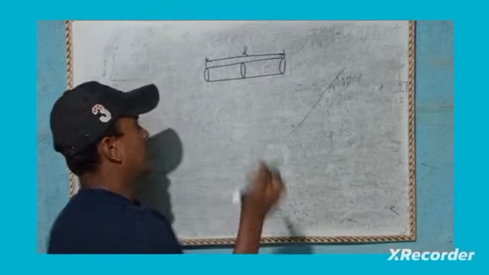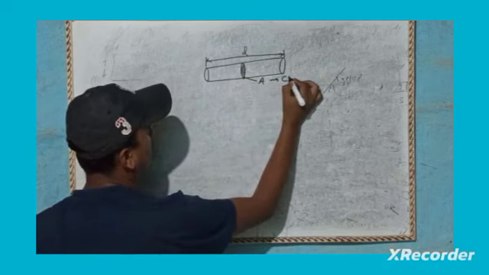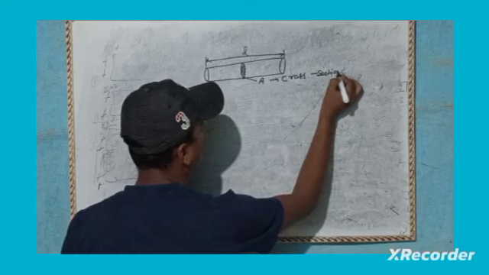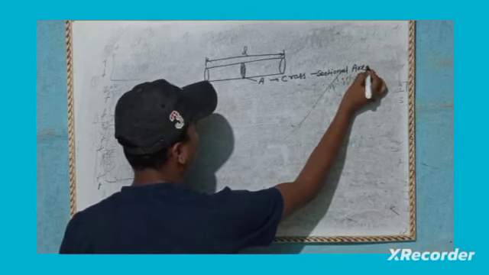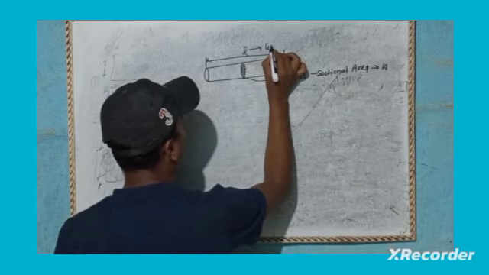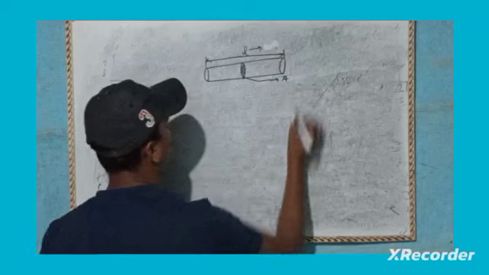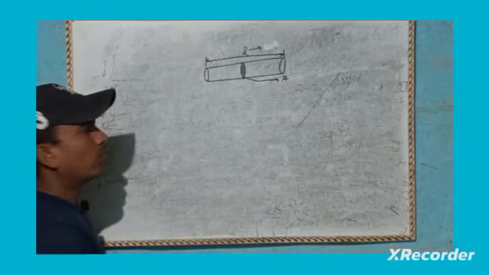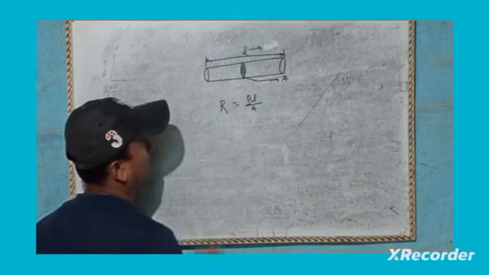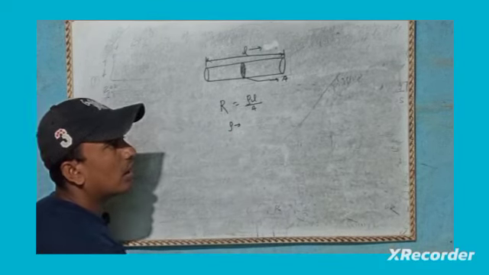Let's cut a small part from it. Okay, this is the cross-sectional area. What do we call it? Cross-sectional area. You indicate it by A. Simply you can hear A, yes or no. The physical formula of R is R is equal to rho L by A. Here rho is the resistivity, or conductivity.